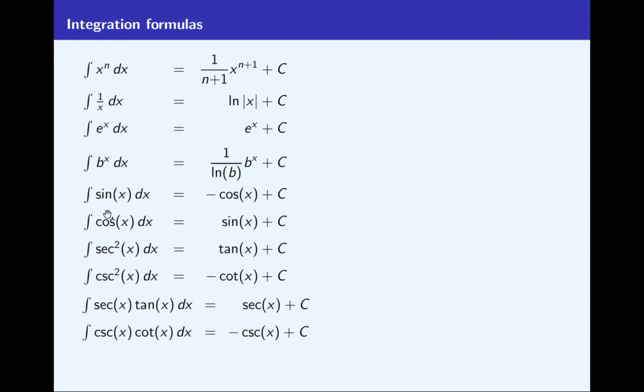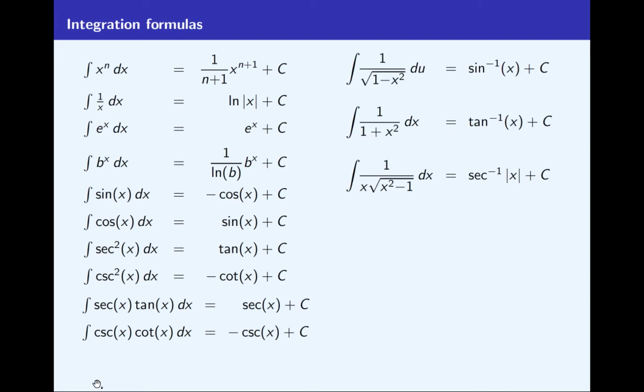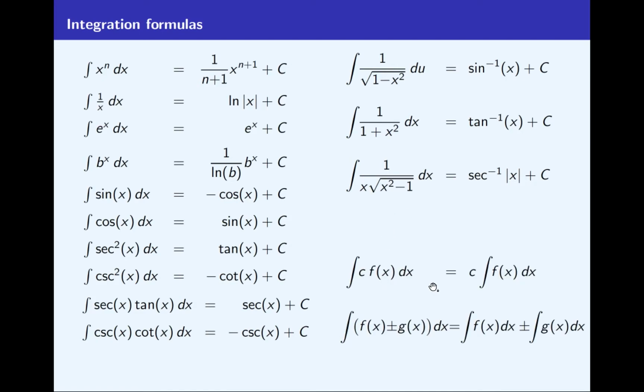And similar remarks hold for all of these formulas. There are 3 more for the inverse trig functions run in reverse, or their derivative rules run in reverse. And we also had a constant multiple rule and a sum difference rule.